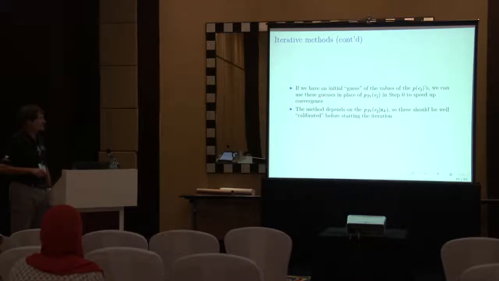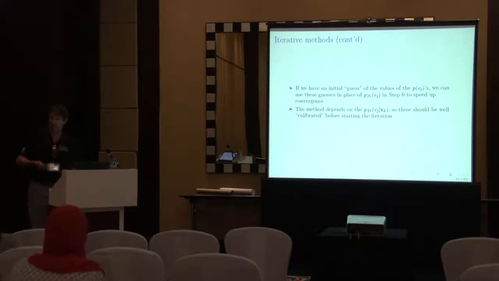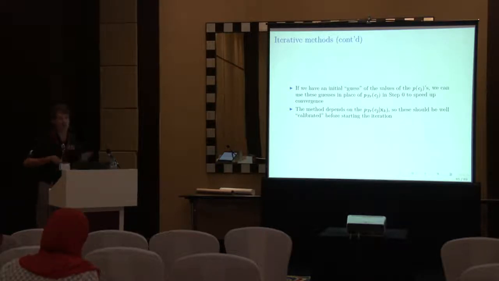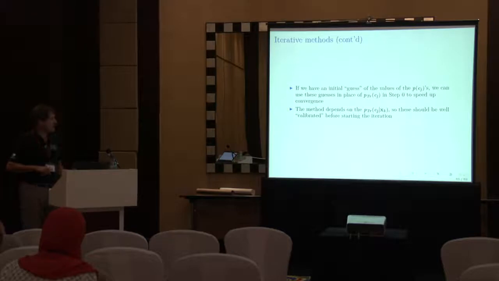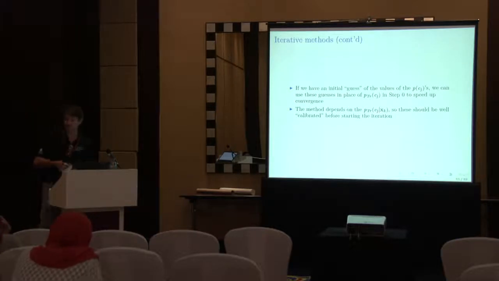Another observation is that if we have an initial guess of the values of the new priors, of course we can use them to initialize the priors, so that we have an algorithm that converges much more speedily. A second observation is that the method heavily depends on the initial posteriors.